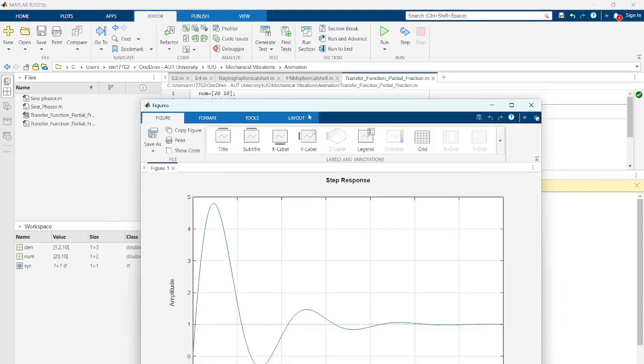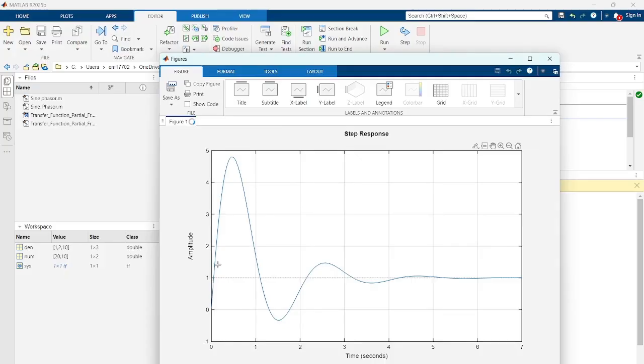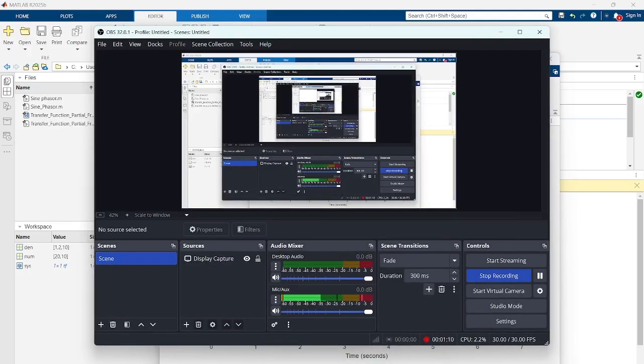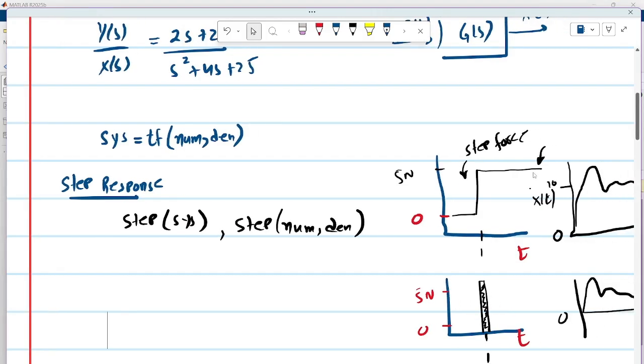Since it was a unit step force, we have the amplitude, it was excited in the beginning, that's a transient region of the response, and now it has reached a steady state, and you see it is maintaining the amplitude of 1 because the amplitude of the step force is 1. As we have seen, in the step force the force is still there, you're continuously applying that force.